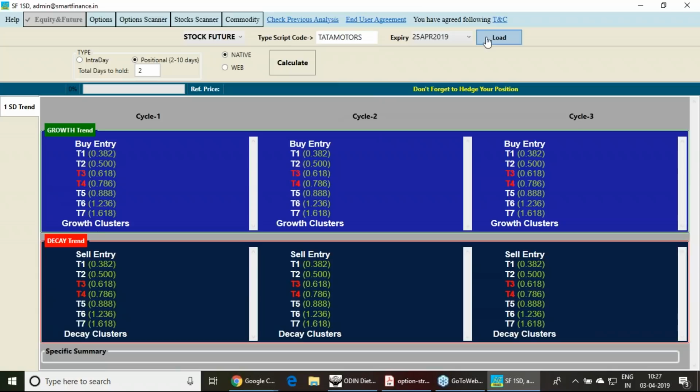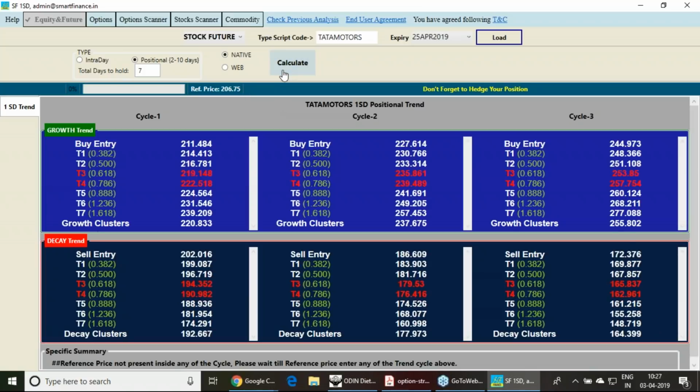I have to load the data first. I have taken the futures, and I have taken the number of days as 5 days, or I can take 7 days also, a 1 week period. The reference it has taken now is 206.75. It is giving us a great picture here.